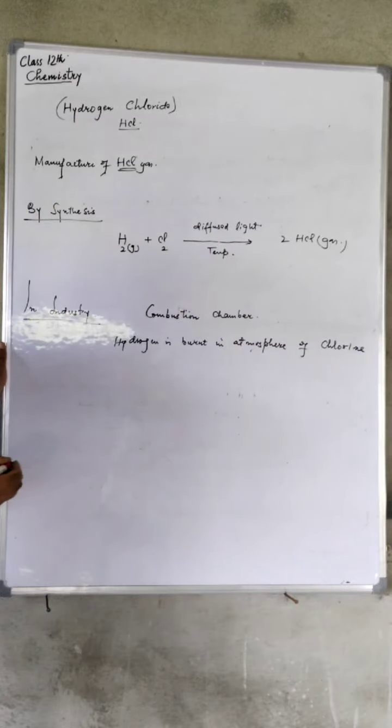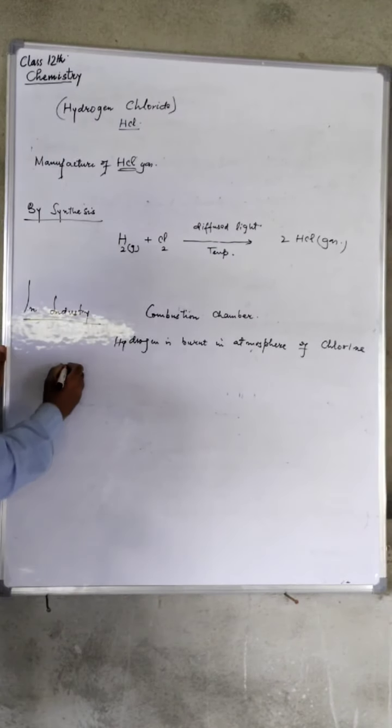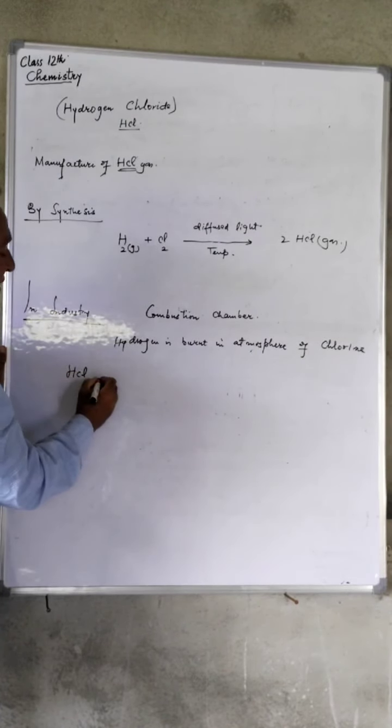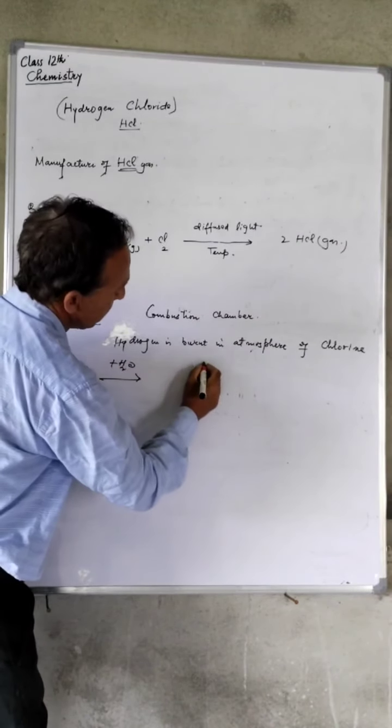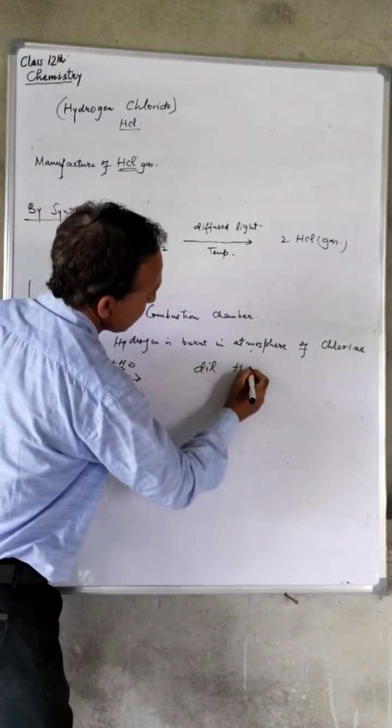The two then combine and form HCl. This HCl gas is then absorbed in water and we form dilute HCl.